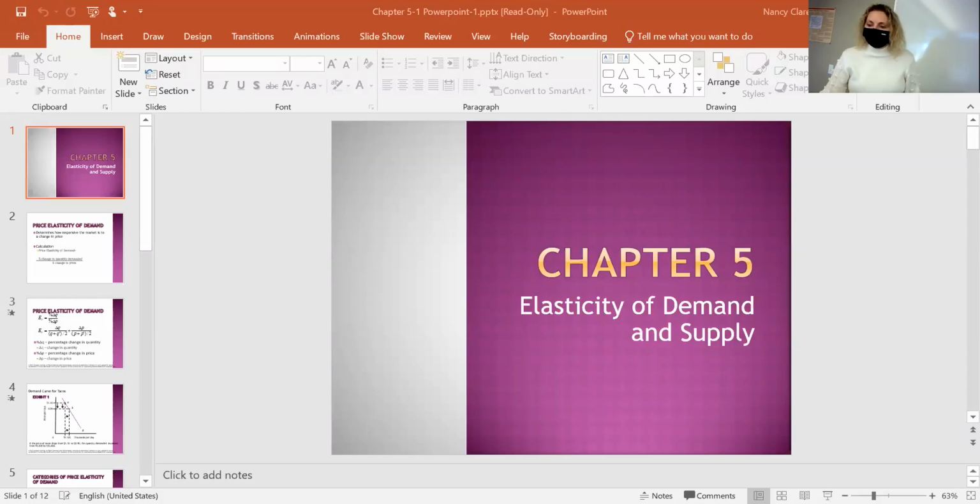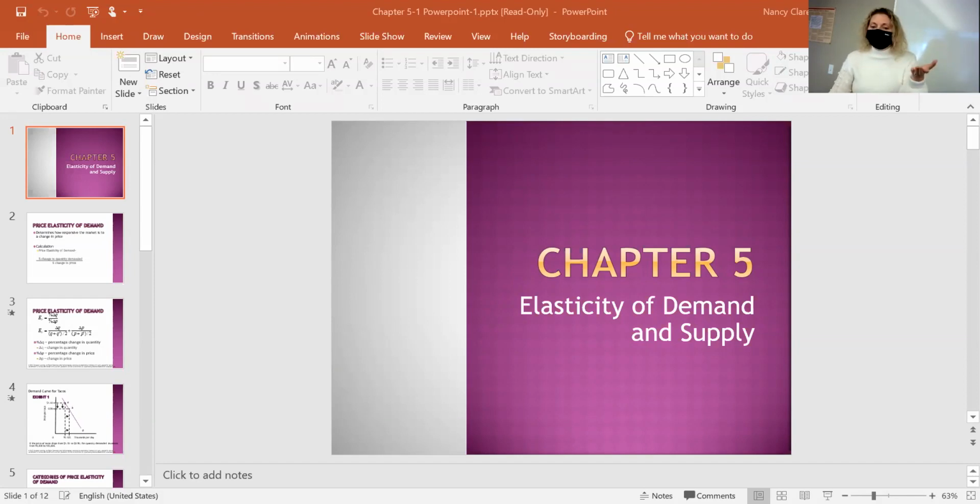In this particular example, we were trying to measure the elasticity along the demand curve between the price of $1.10 and 90 cents. Whether we were increasing the price or decreasing the price between those two numbers, our elasticity would be the same.